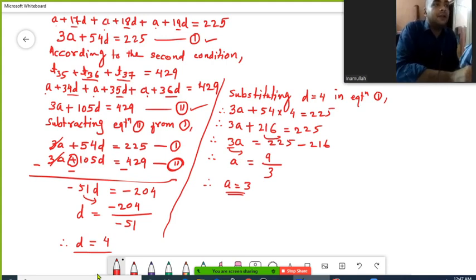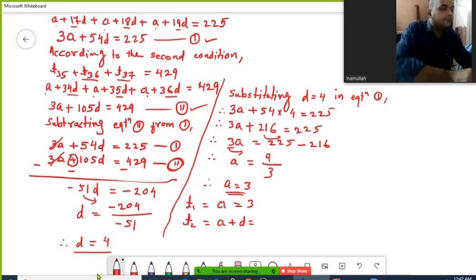Now we have A and we have D, so we are in a position to find any term of this arithmetic progression. The first term, T1, is actually A, and that is 3. The second term, T2, is A plus the common difference. A is 3, the common difference is 4, so that gives you 7. Your second term is 7.